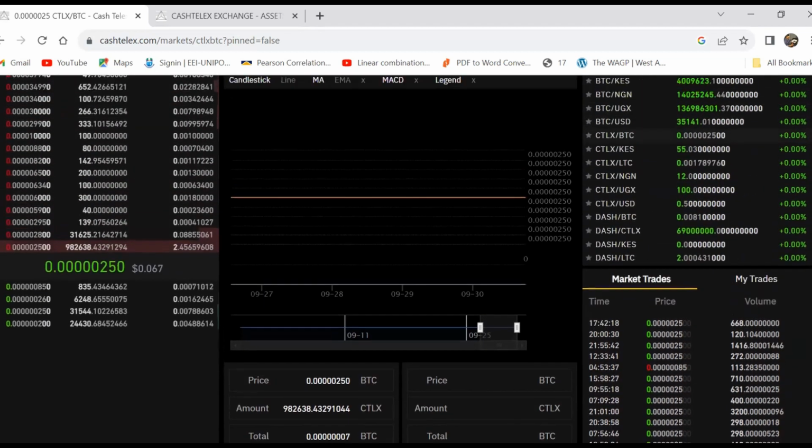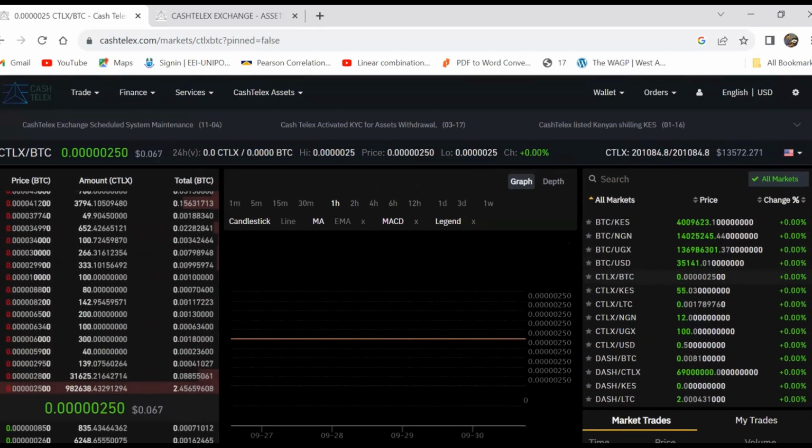There was a time that we used Naira and Ugandan shillings to pair with BTC, but for now we use only Bitcoin. So I don't know if I can go to the next phase, which is, let me just quickly touch on that. It's just within 2-3 minutes.